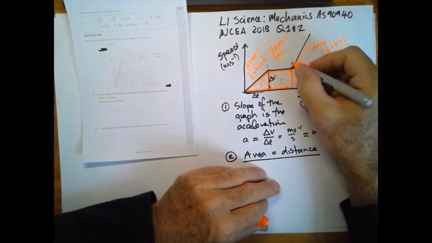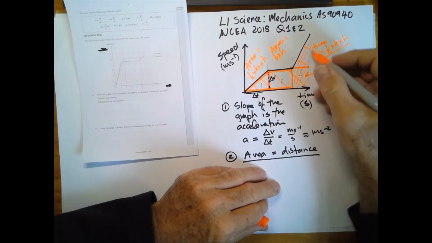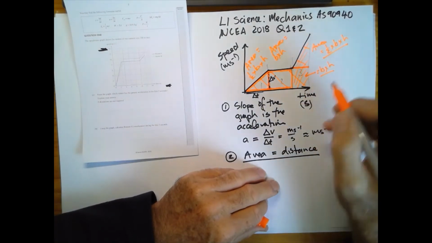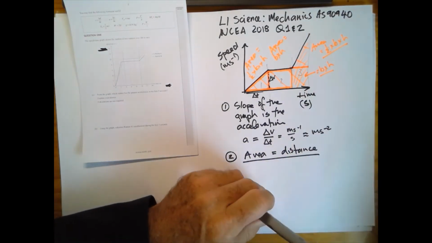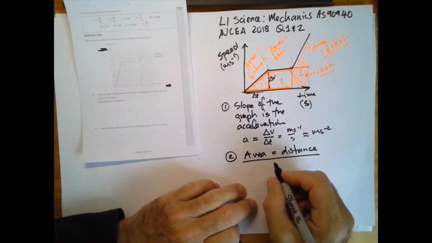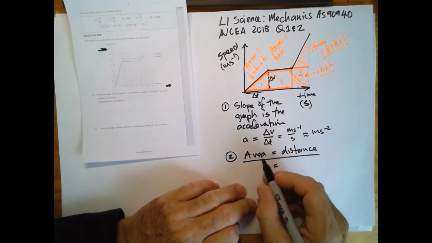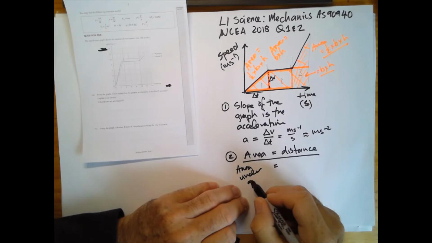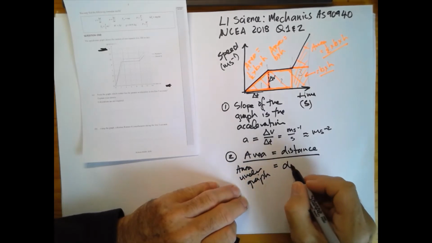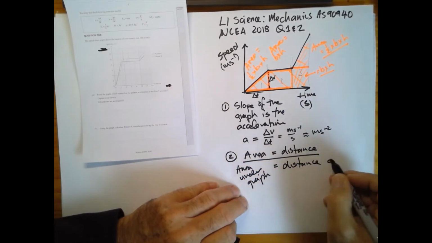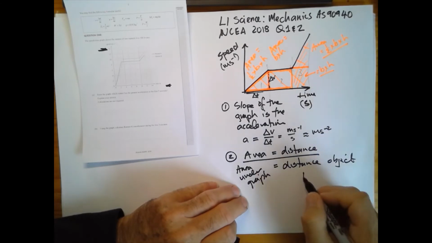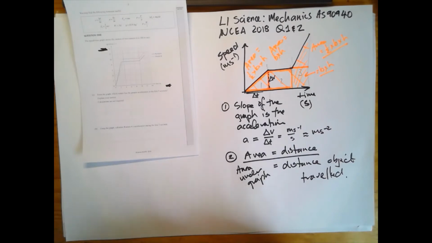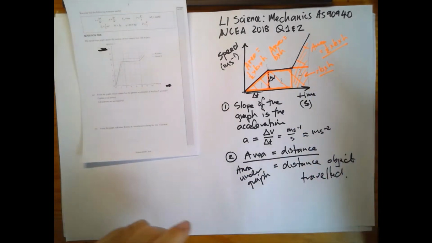The area of this shape is equal to the area of this triangle plus the area of this rectangle. So those are the two things we need to remember, that the area under the graph is equal to the distance that the object has traveled. So we'll need this to be able to answer our questions from our paper today.